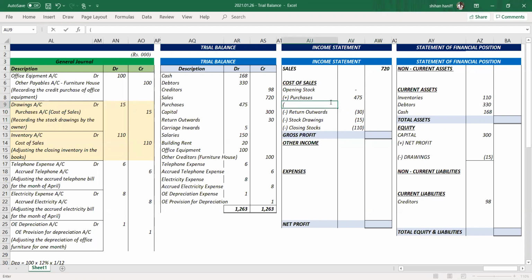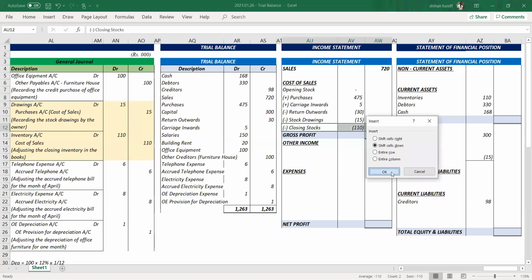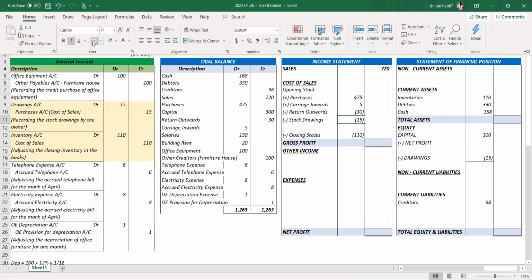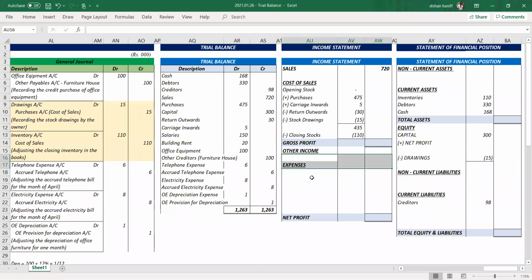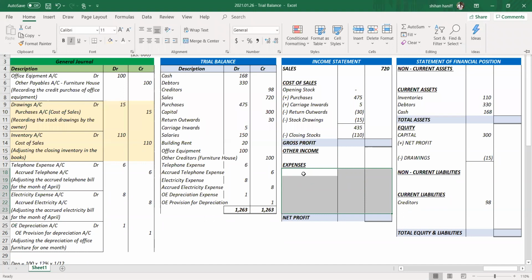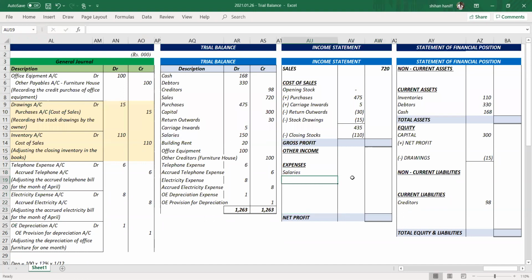Carriage inwards will be added to purchases. Salaries 150.